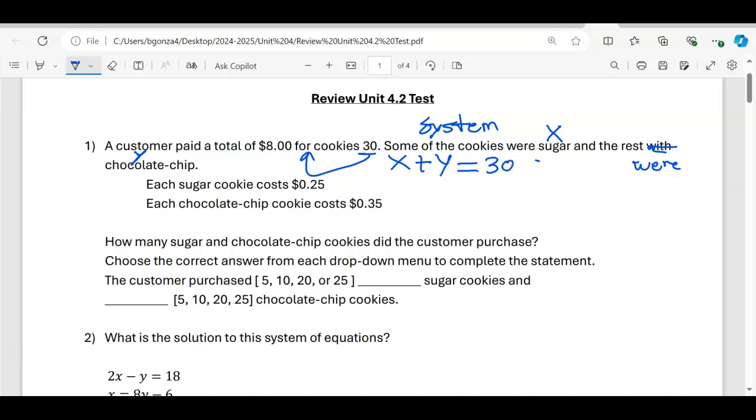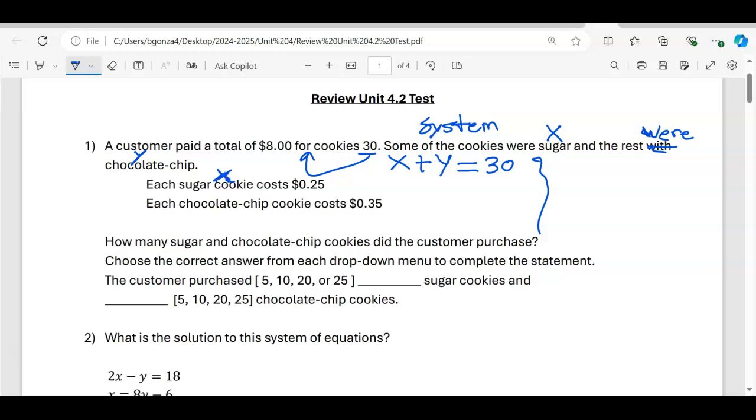Okay, and then my other equation, now we're going to add the money onto it. So if X is sugar, my sugar cookies cost 25 cents.